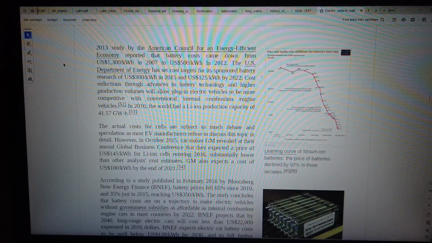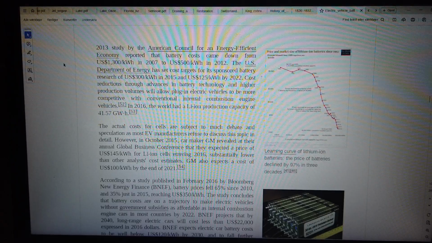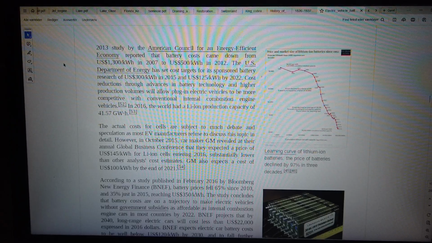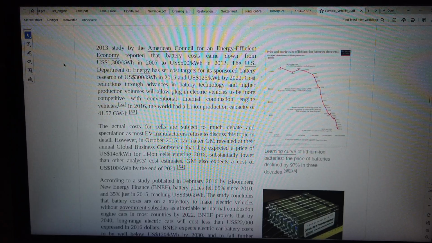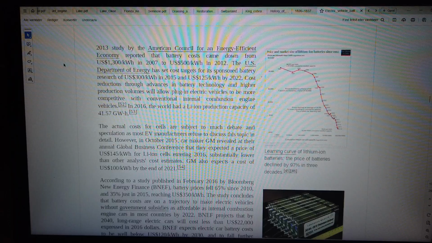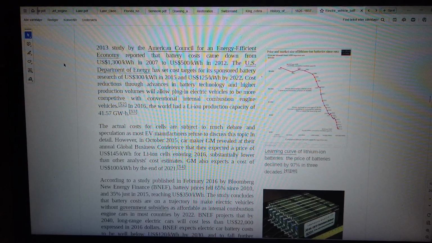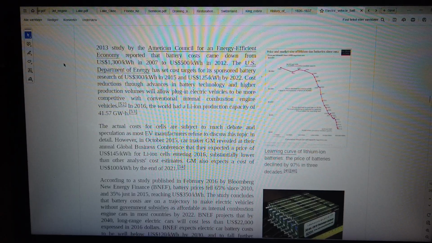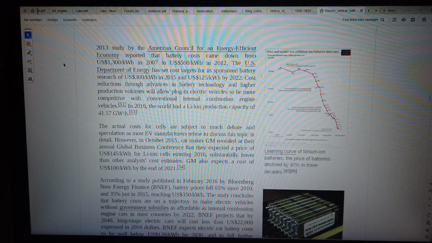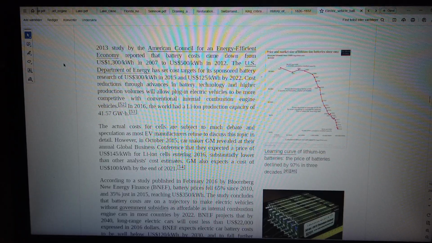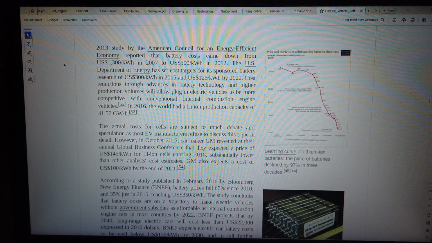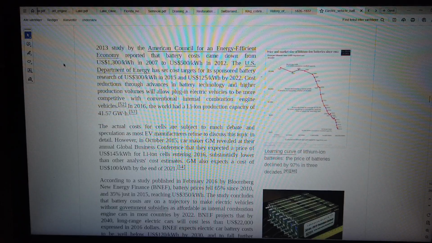The U.S. Department of Energy has set cost targets for its sponsored battery research of $300/kWh in 2015 and $125/kWh by 2022. Cost reductions through advances in battery technology and higher production volumes will allow plug-in electric vehicles to be more competitive with conventional internal combustion engine vehicles.